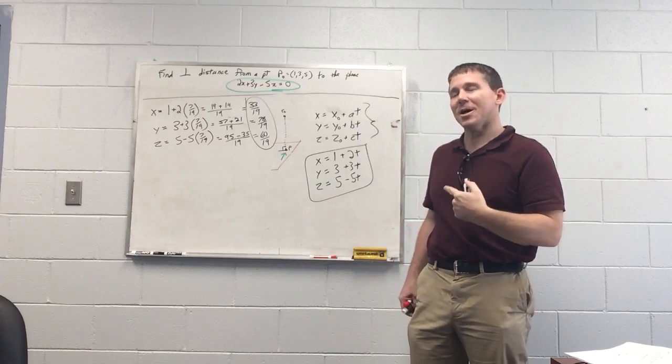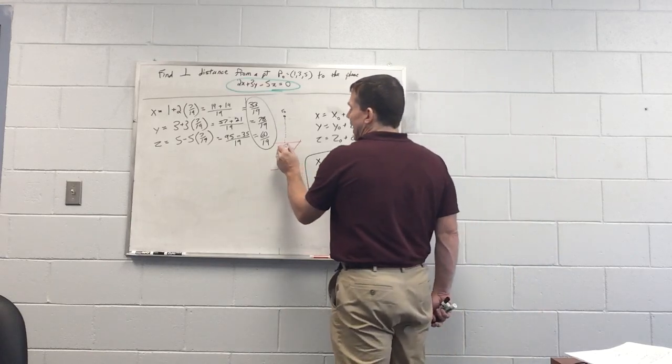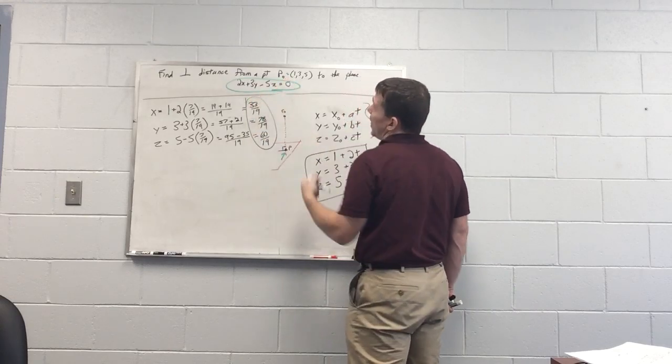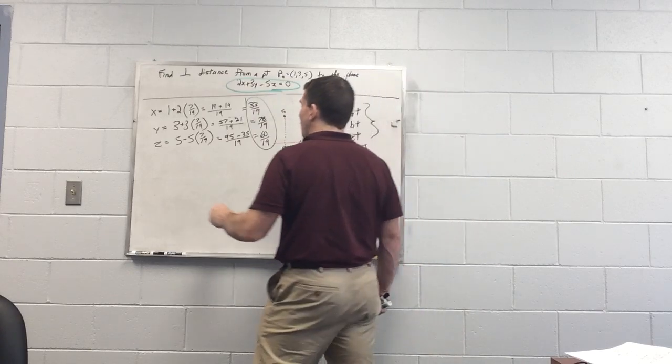And now the part that I'm not going to do in this video, but I'll leave for you to do. I now have this point p, x, y, z. I have the point p sub 0. I want to find the distance between them, so I can just use the distance formula.